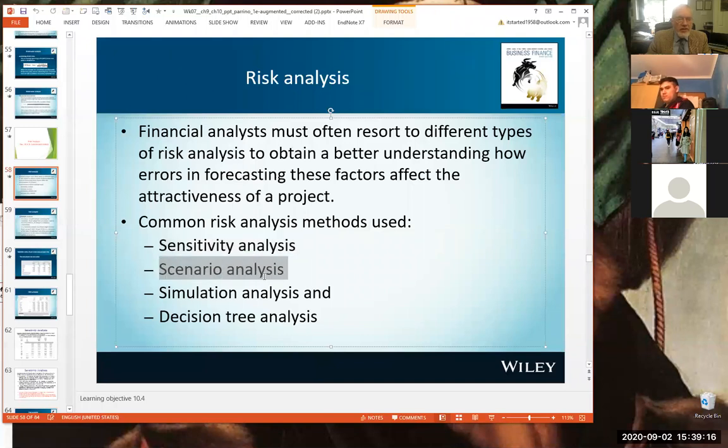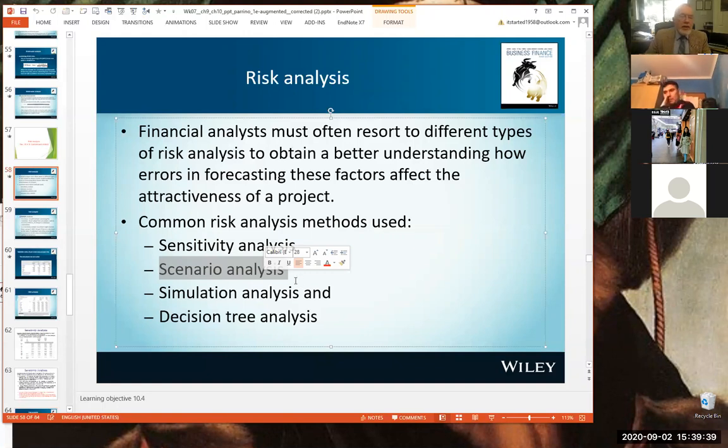Scenario analysis has the advantage that it looks at the variables as little packages, so it overcomes the unrealistic aspect of sensitivity analysis by looking at packages of values, right? But dreaming up likely packages is a bit challenging.